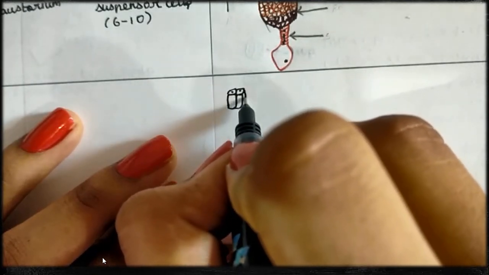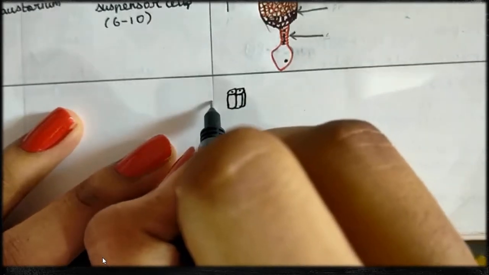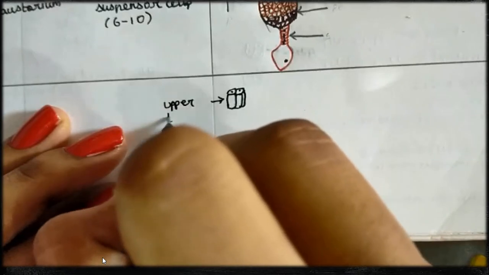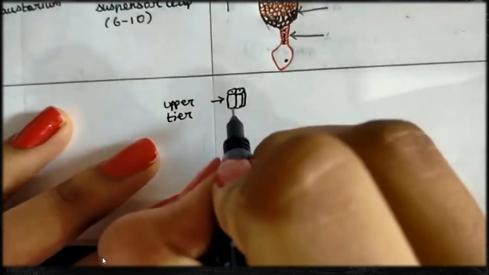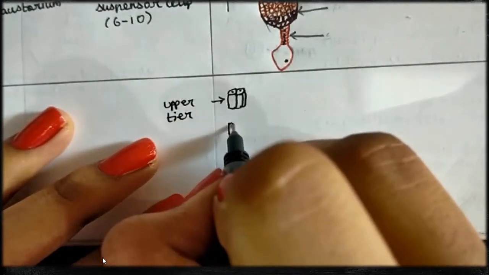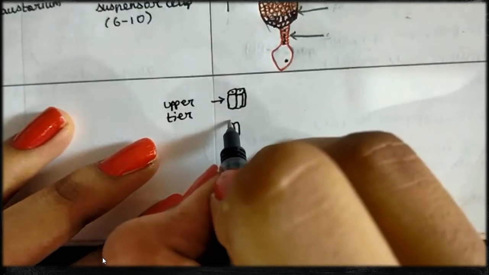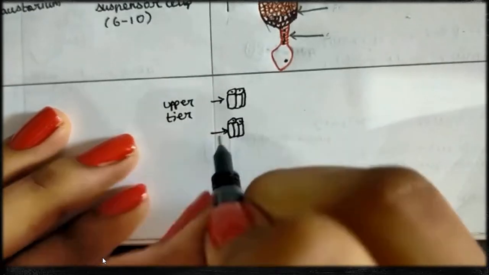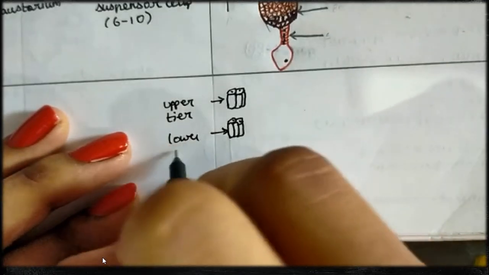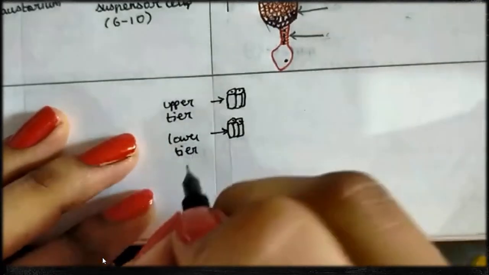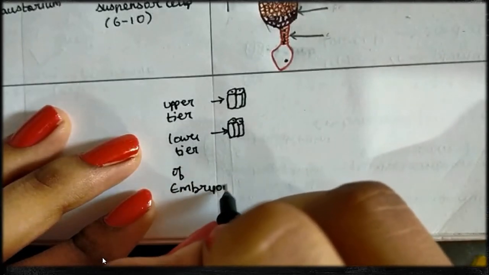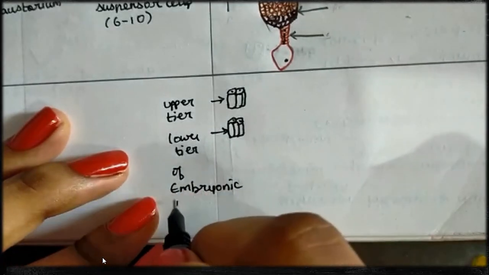So the upper tier cells give rise to the hypocotyl as well as the radicle, whereas the lower tier cells or the lower 4 cells give rise to the plumule and the cotyledons.